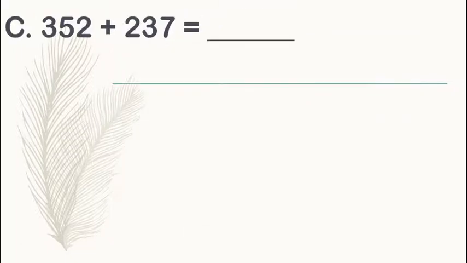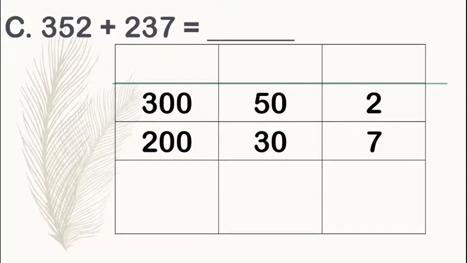Let's proceed with letter C. We have 352 plus 237. Again, we need to do the steps that are given to us in our instruction. We need to expand our two addends.